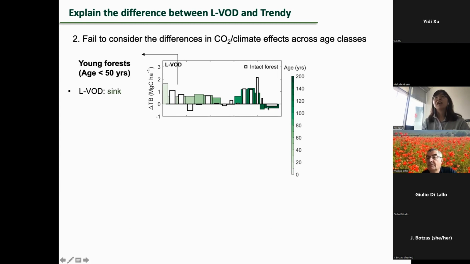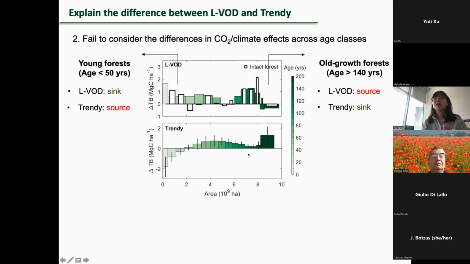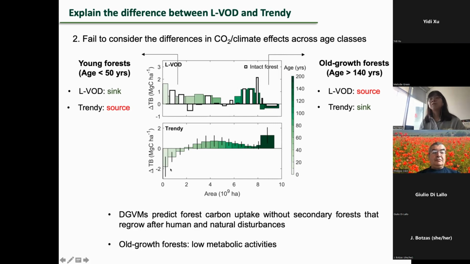We found in the VOD data, young forest and middle-aged forest dominate the carbon sink, and the old forest is approximately carbon neutral or a carbon source, but the models predict inverse patterns of biomass change. It could be due to models not considering secondary forest regrowth after disturbance, or overestimating the old-growth forest metabolic activity.